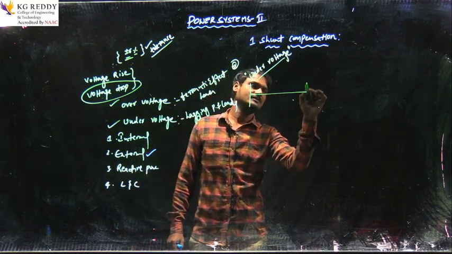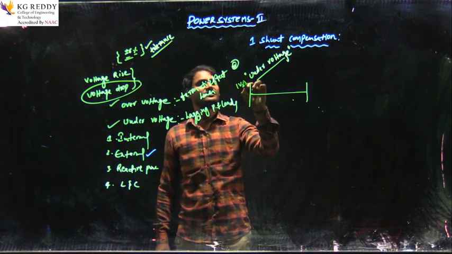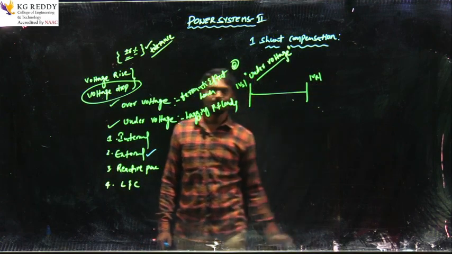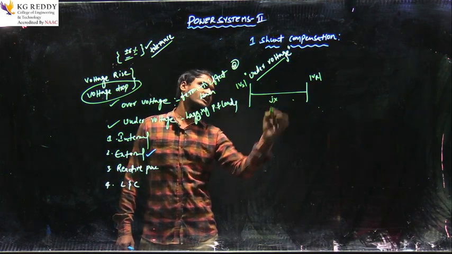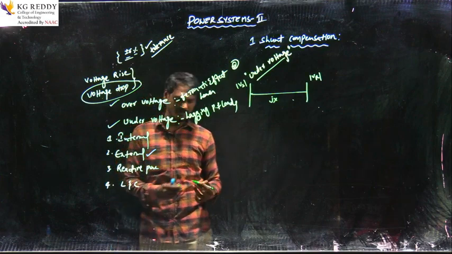Just consider this is a transmission line, and this will be the sending end side, and this will be the receiving end side. This is the transmission line, which as usual has some reactance value, represented by jX.